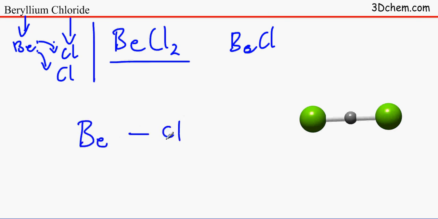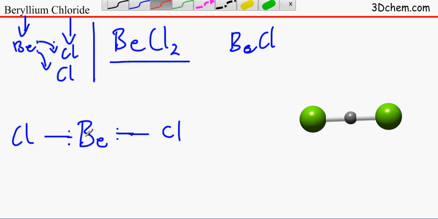I'm guessing that beryllium chloride can be bonded ionically as well as covalently. Someone please correct me if I'm wrong, but that is the general gist here. The reason why I think that is because beryllium shares 1 electron with chlorine over here, and it shares 1 electron with chlorine over here.